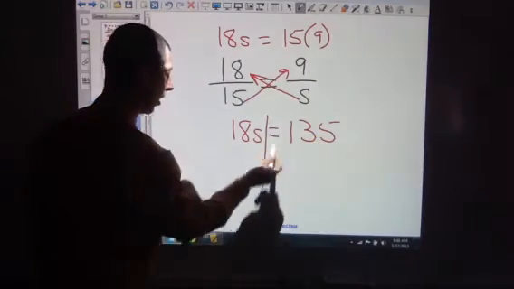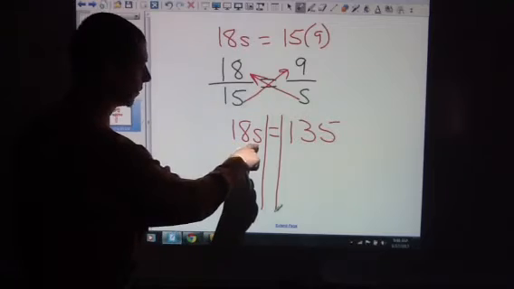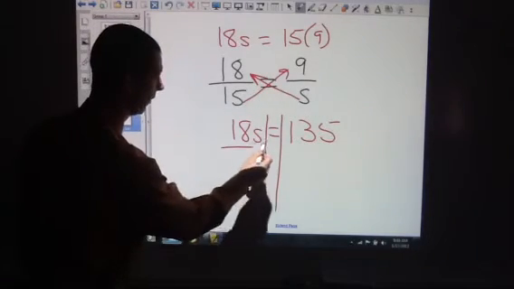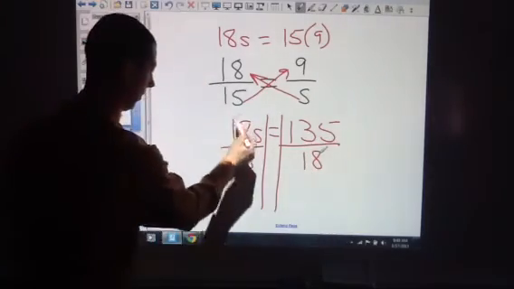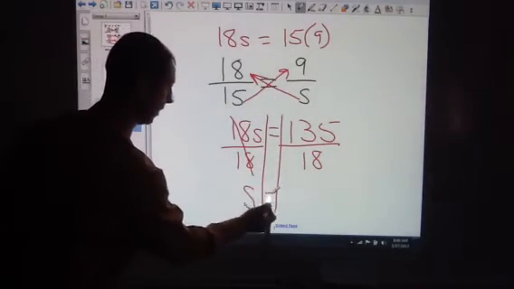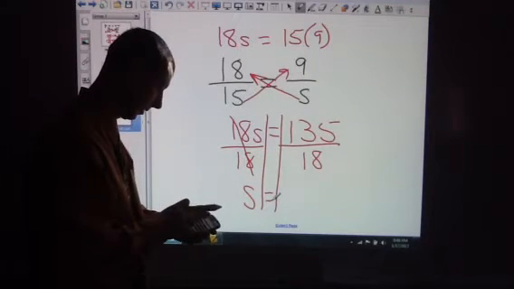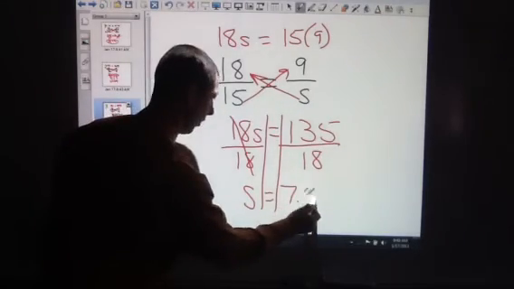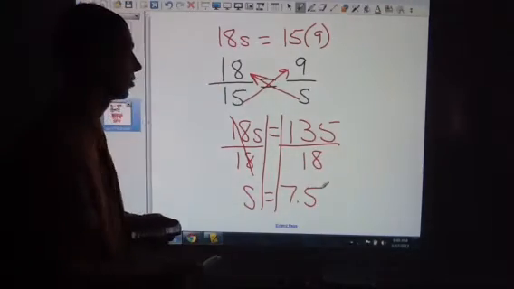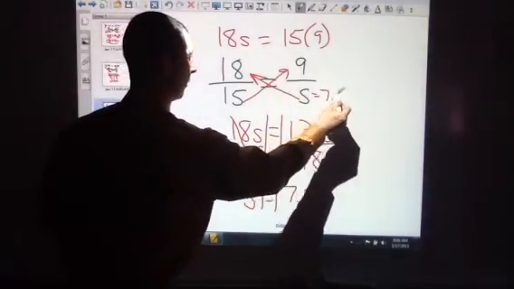Now I'm going to solve this single step equation. 18 is being multiplied by s, so we're going to divide by 18. These cancel. s equals 135 divided by 18, and our answer ends up being 7.5. So we get a decimal answer in this case.